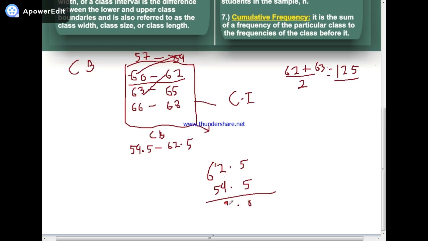That is 3.0. So that means your class width is 3. So our class size or class width is 3. So that is what that one is trying to explain there.